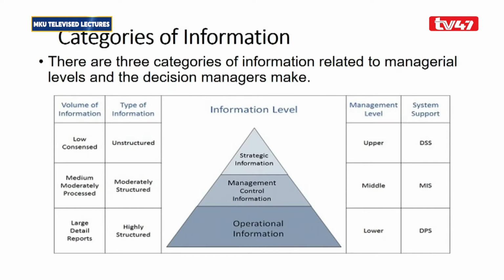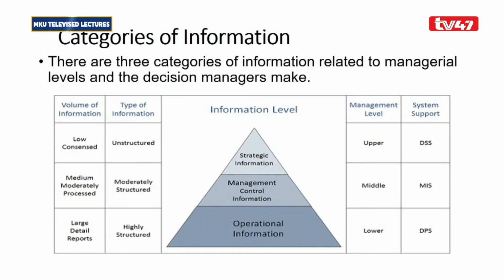Now, the third term we need to understand is the different categories of information, and there are three categories of information related to managerial levels and the decision makers. We have the lowest level of information as operational information, and this is information that we process on a daily basis as we carry out our operations in the organization.